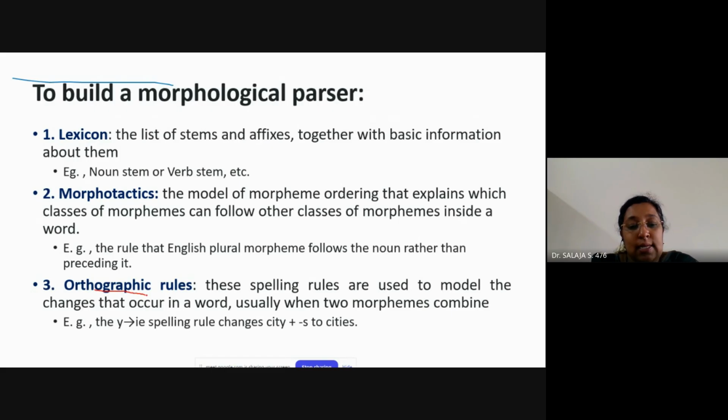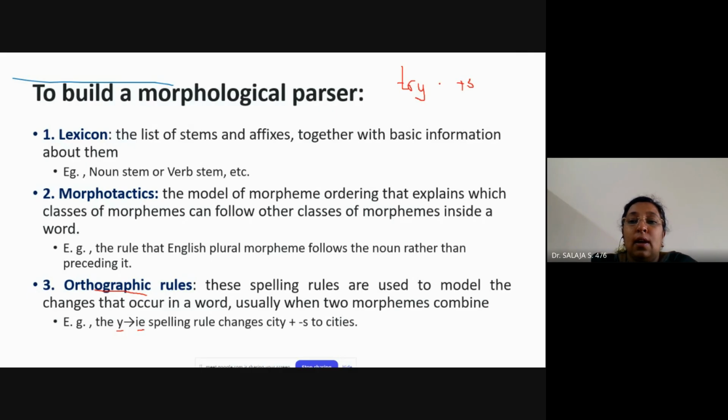Any rule as such will have a left hand side and a right hand side. When I say y produces IE, this is where you talk about try. For example, you have try and you convert it to a plural. If it is a plural, I have to have an s.